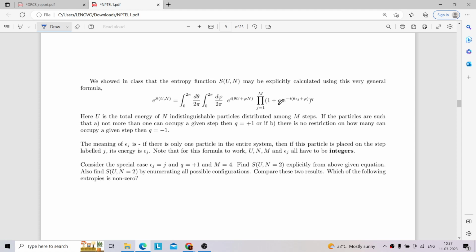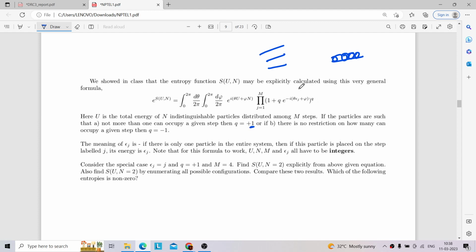And if q is positive, this defines fermions. That means we can put only one particle in a system, and if q is -1, we can put any number of particles in one energy level. So you can assume them as energy levels or stairs, whatever you want. So if q value is 1, we have fermions.